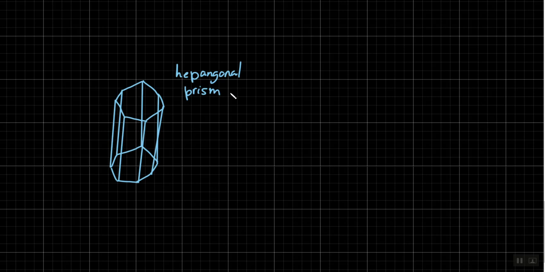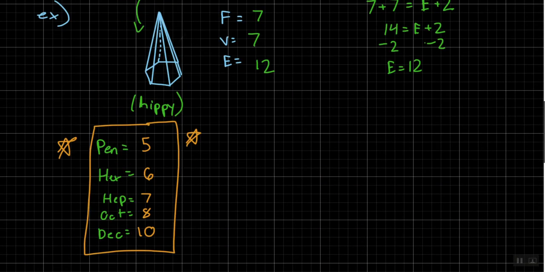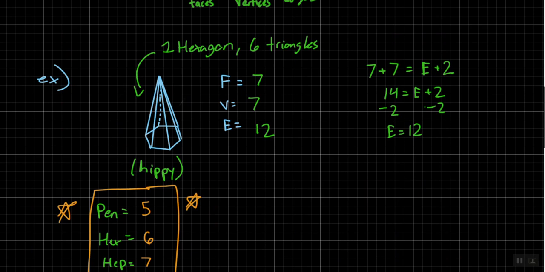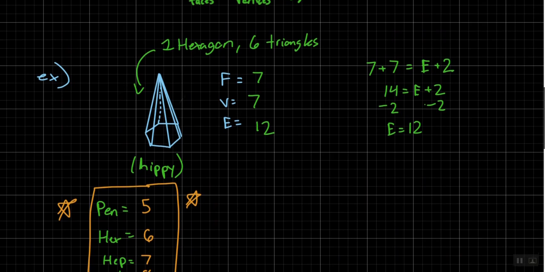Raylene, why is this a prism and not a pyramid? It could have a hepta base too. It could. Kind of like this one had the hexagon in the bottom, right?